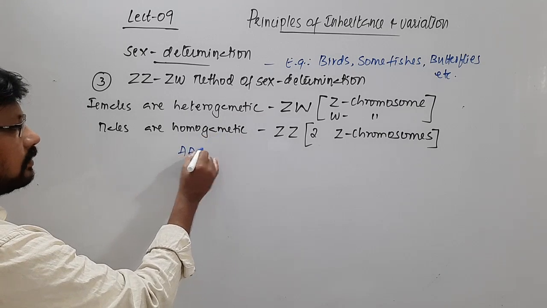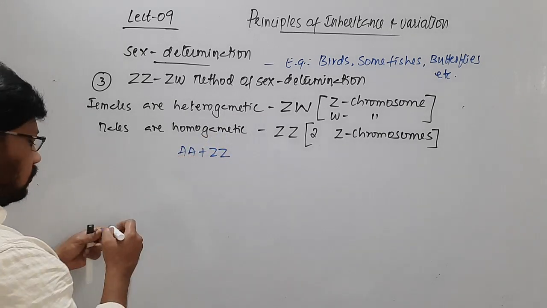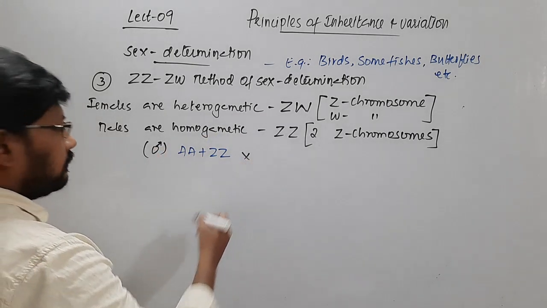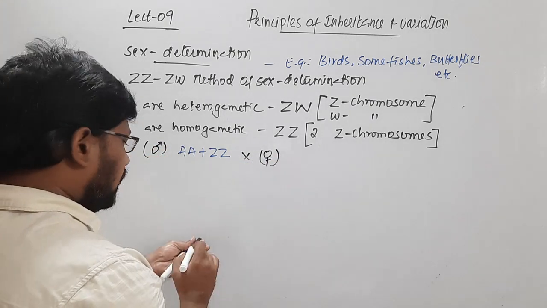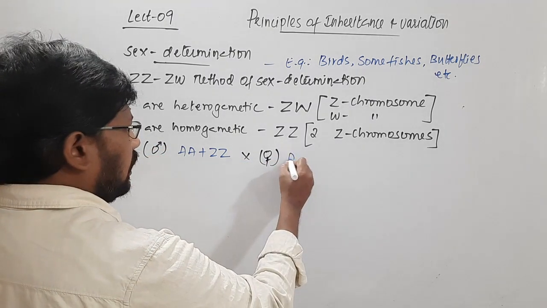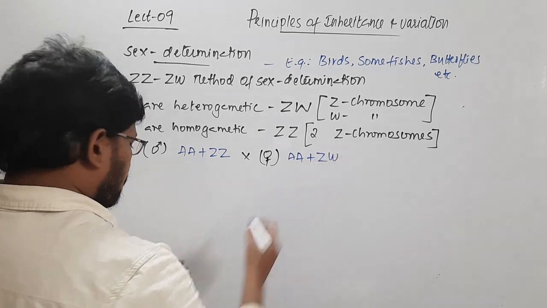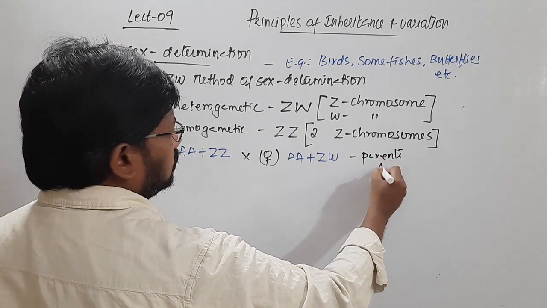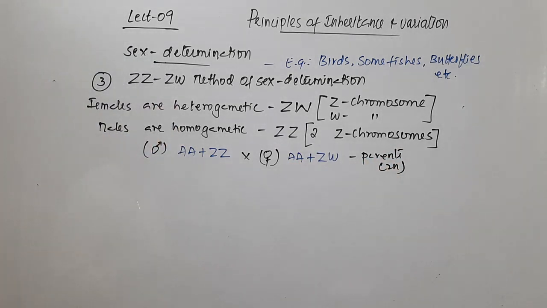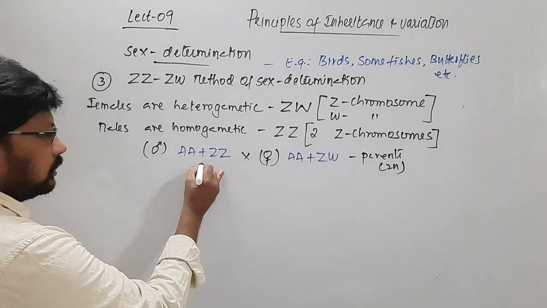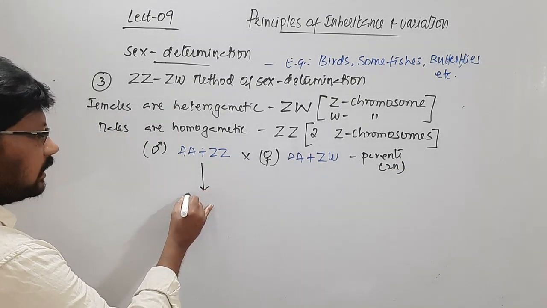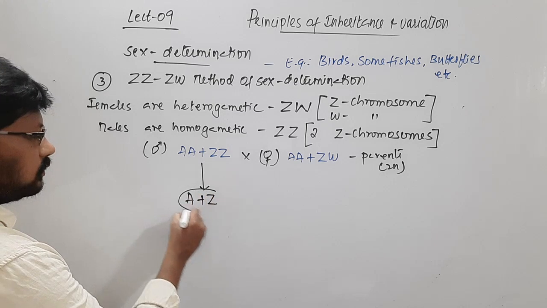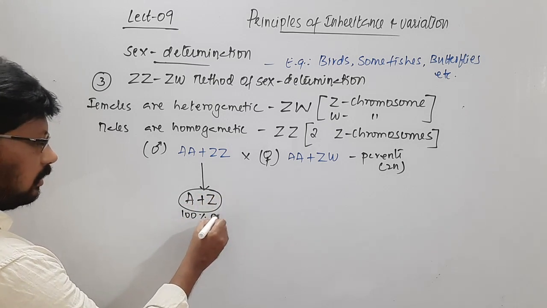Here AA plus ZZ, so these are males. And coming to the females, we see here AA plus ZW. So these will be the parents, 2N. Now during the formation of gametes, we see here the sperms will always have the Z chromosome, so that is 100% of sperms.